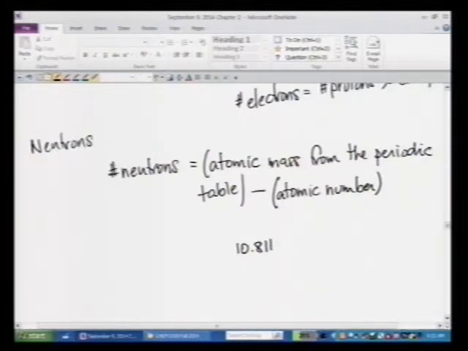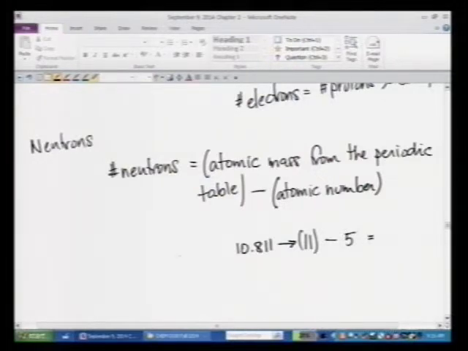So we would round that up to 11. Are you comfortable with rounding? Anything higher than 5 you round up, anything lower than 5 you round down. So you would take 11 as the atomic mass in parentheses, and you would subtract 5, which is the atomic number.